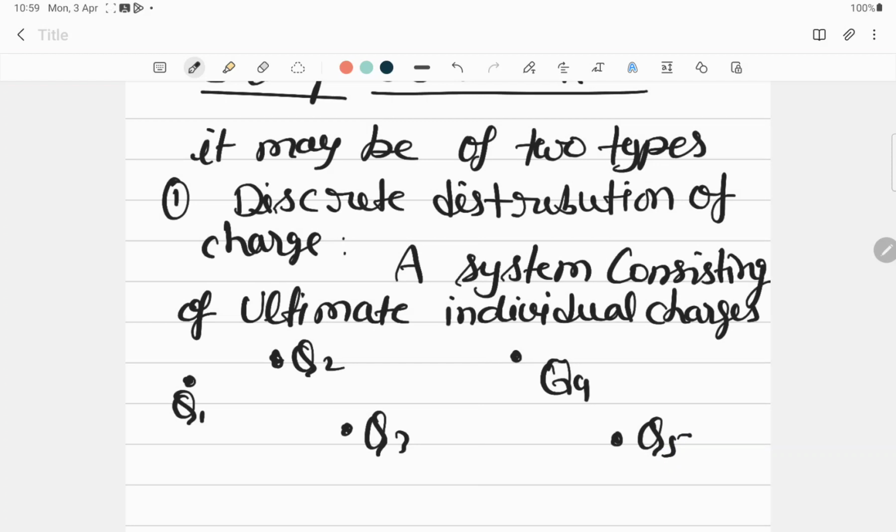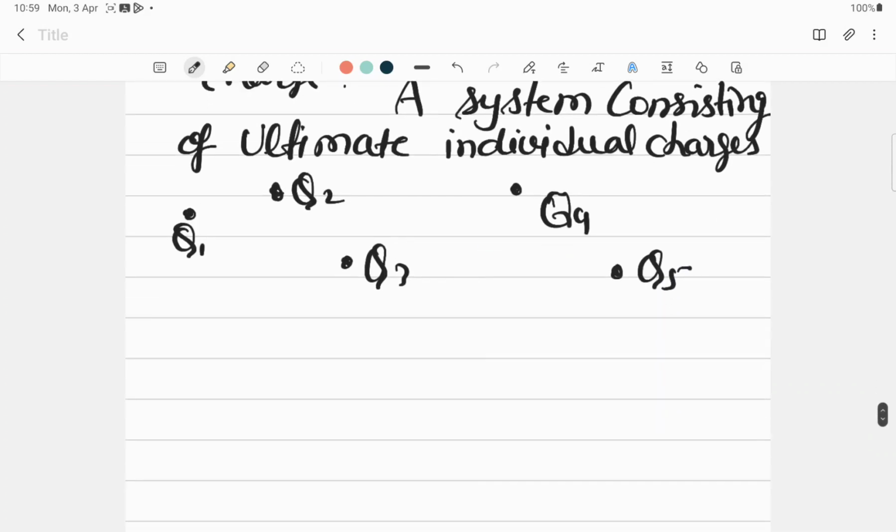This is discrete distribution of charge.